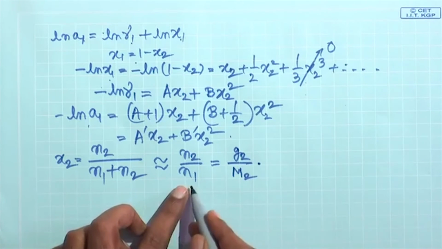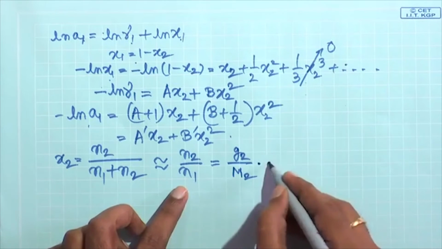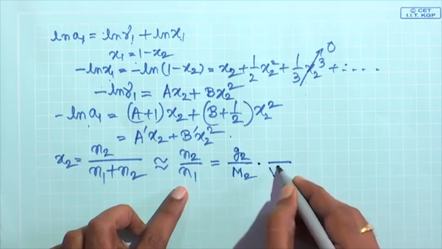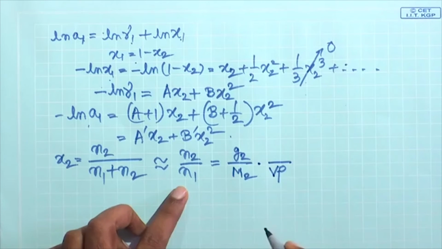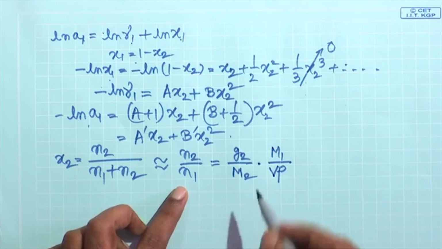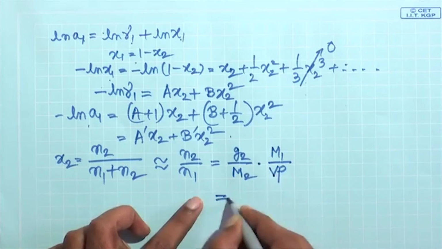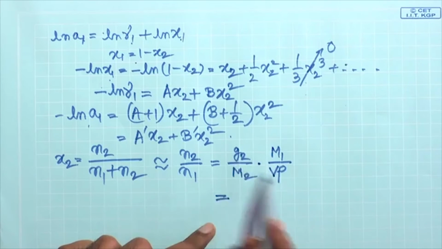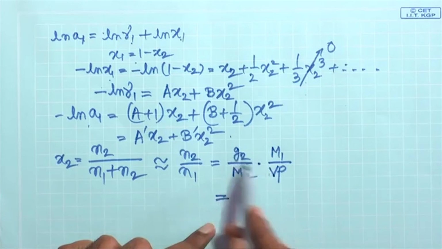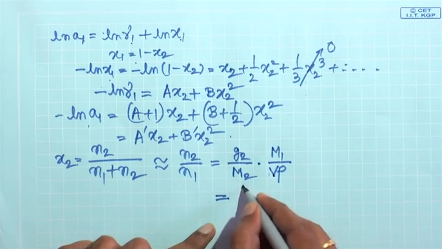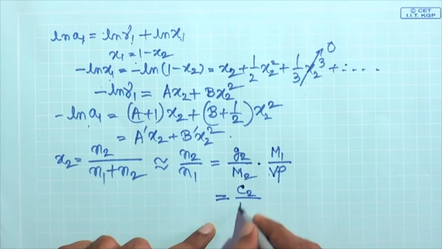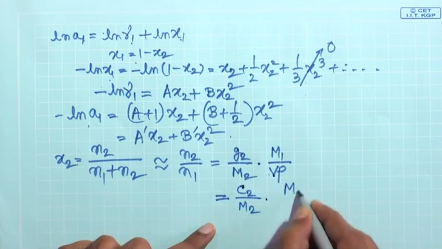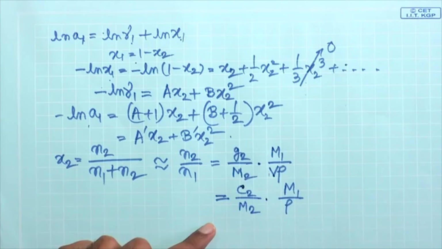N1, that is the number of moles of solvent, is basically equal to the weight of the solvent, which is nothing but volume into density divided by molecular weight of the solvent. So, this is equal to, the weight of the solute divided by volume of the solution, or in this case the solvent. So, this ratio is basically the concentration of the solute. So, that is C2 divided by M2 into M1 divided by rho.